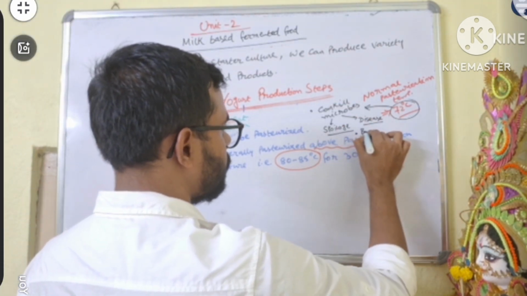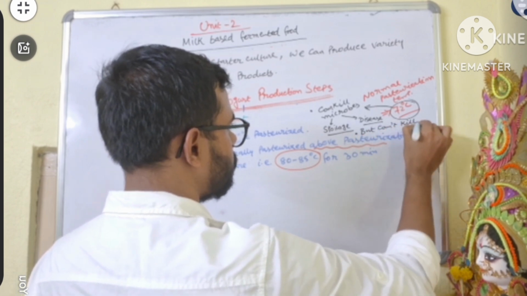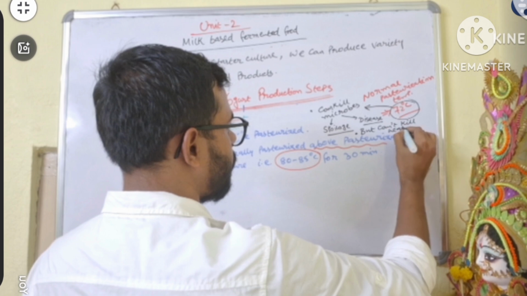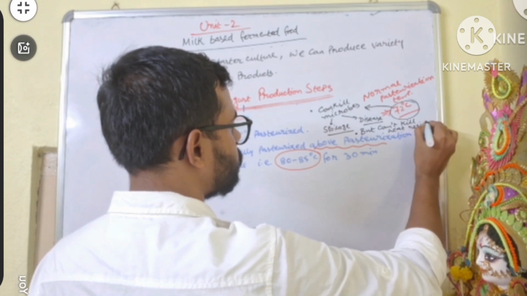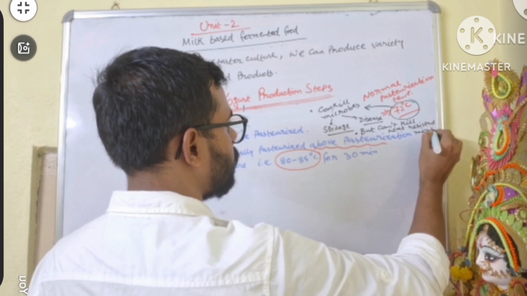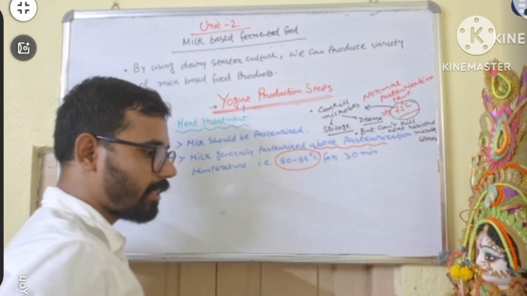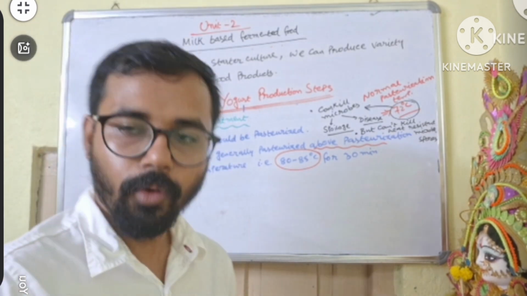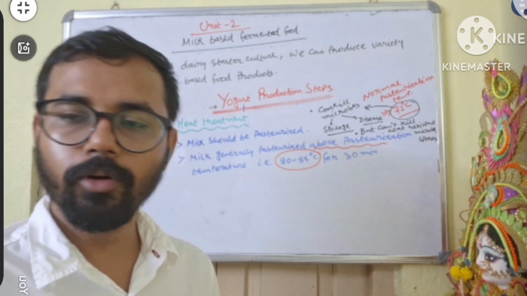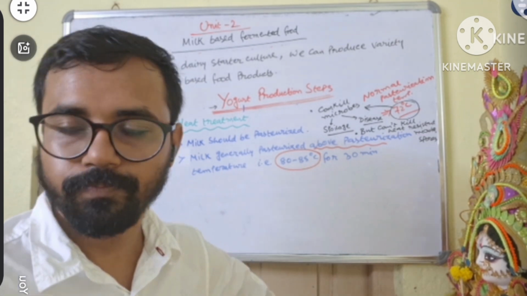It cannot kill heat resistant microbes as well as spores. Spore is the more resistant structure of the cell, so spores are not going to be killed at 72.